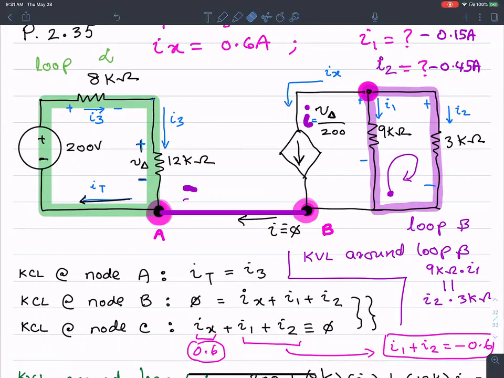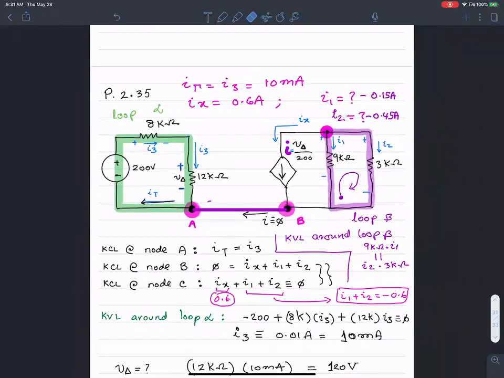Many times, you can think of this as a MOSFET, where the voltage between two terminals is setting the current through some other terminal, which is not directly connected. So you're right. It's the dependent current source that is tying these two separate branches together.